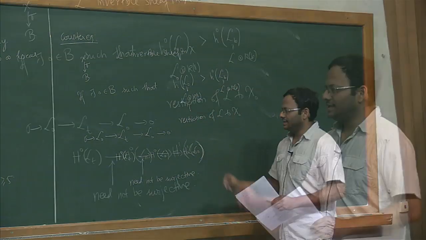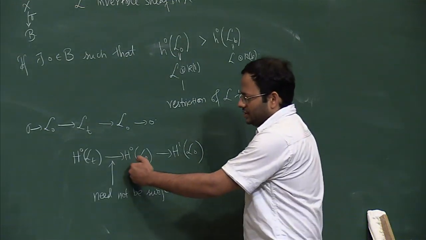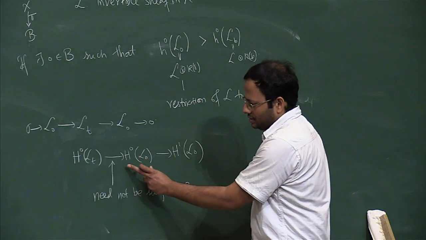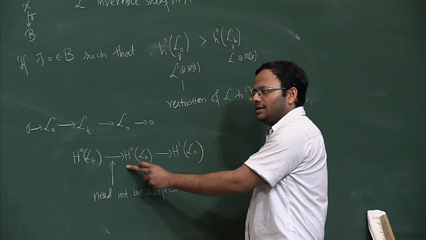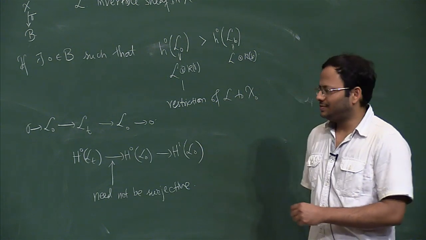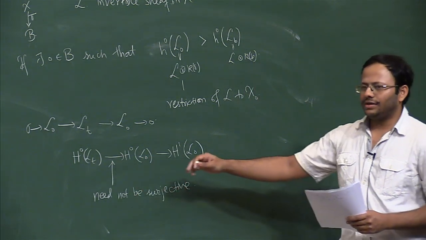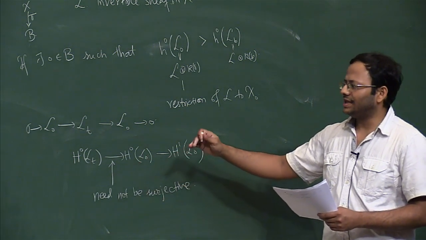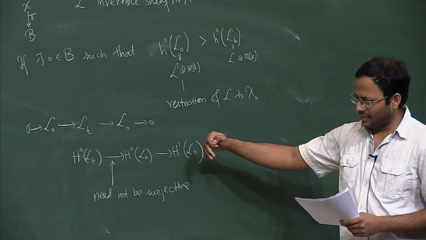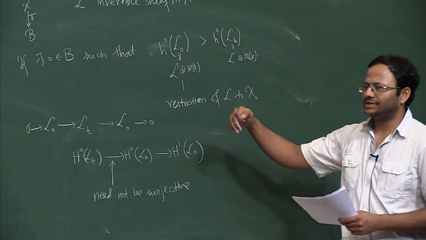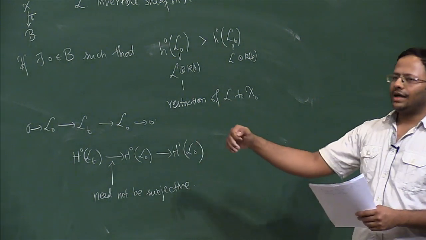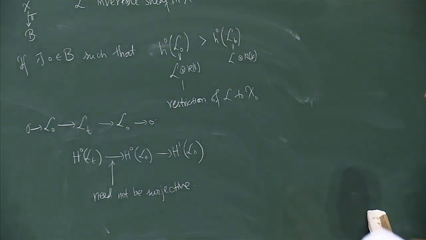And what this will tell us is that this parameterizes all the Cartier divisors in X0. And this map not being surjective means that there is an effective Cartier divisor which does not lift as a local complete intersection.